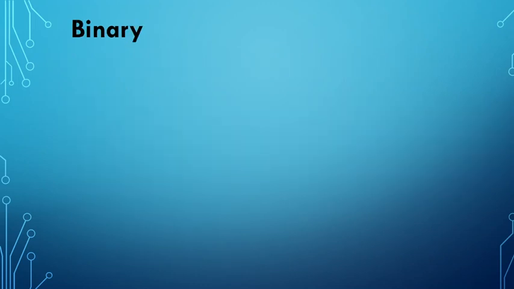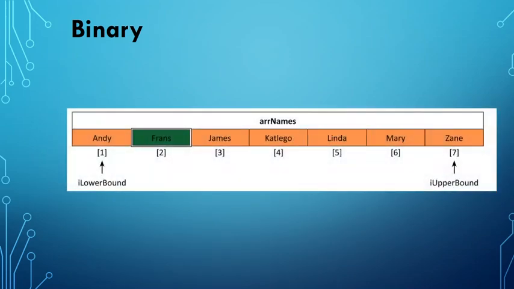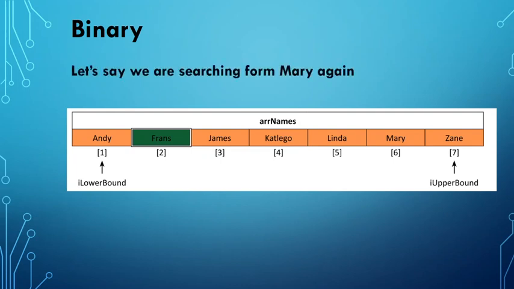Now, with a binary search, our approach is slightly different. So again, we have our names with 7 elements, and again we are looking for the name Mary. But our starting point will now not be the beginning, but rather the middle. Why? Because with the middle, we can cut off asking half of the questions.